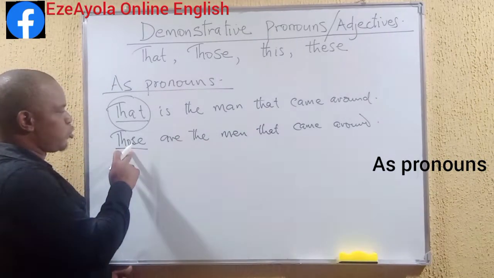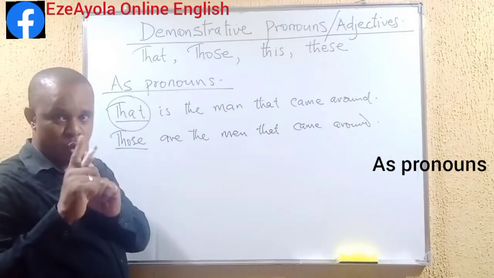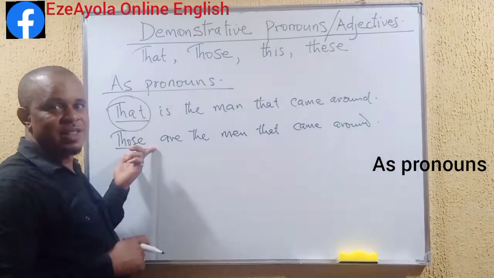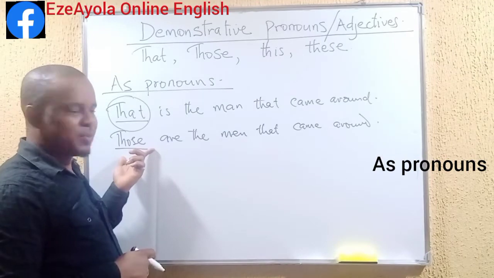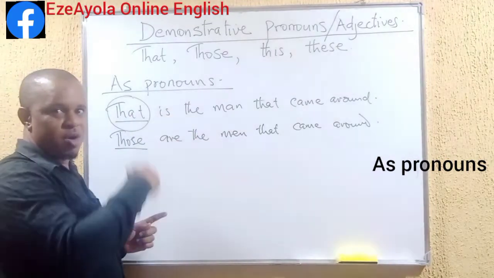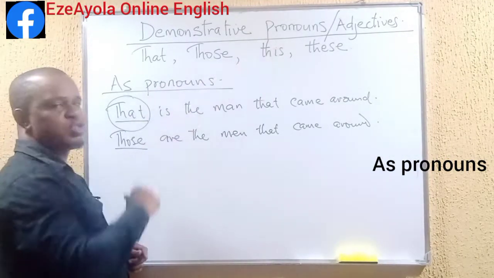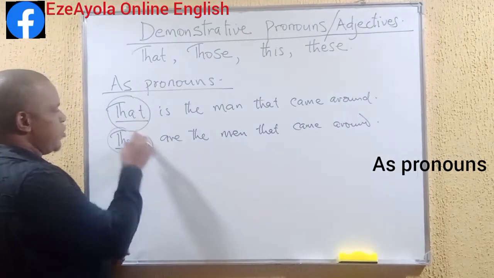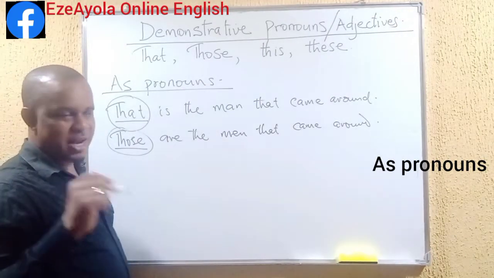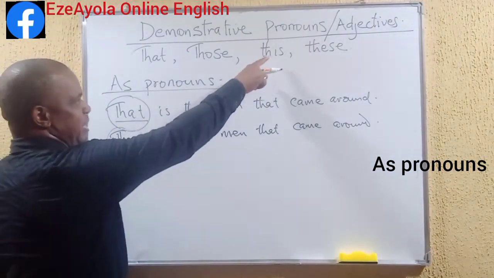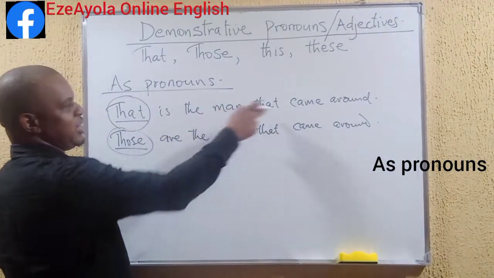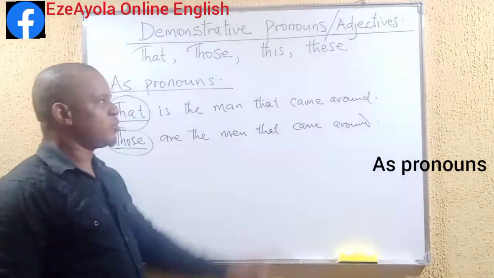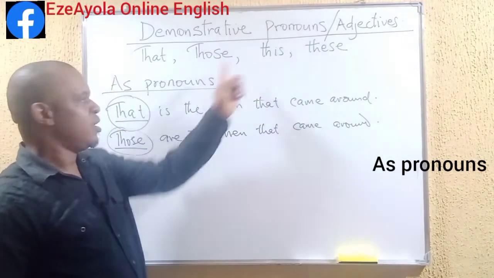Now, for those, it involves more than one person, and of course, they are not very close. You can sight them from afar, okay? Now, when talking about them or referring to them, those are the men. Now, this is a pronoun, not an adjective. The same thing with this. This is the man that came around. Okay? Pronoun.